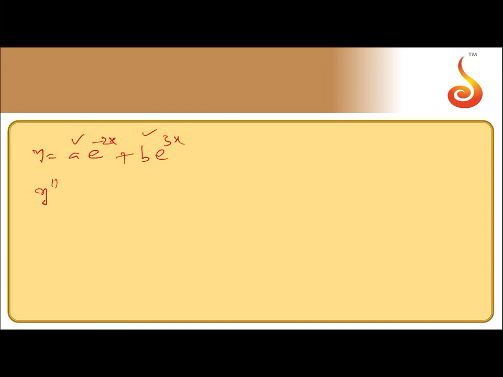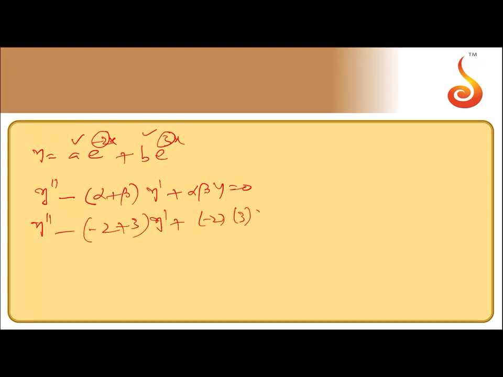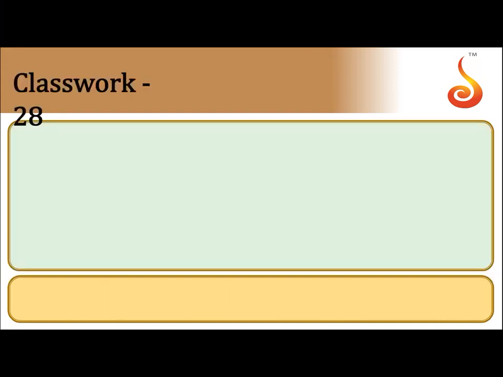While eliminating, you get an answer like this: y double dash minus alpha plus beta multiplied by y dash plus alpha beta into y is equal to 0. So the given differential equation is y double dash minus minus 2 plus 3 multiplied by y dash plus minus 2 into 3 into y is equal to 0. So the answer is y double dash minus y dash minus 6y is equal to 0.